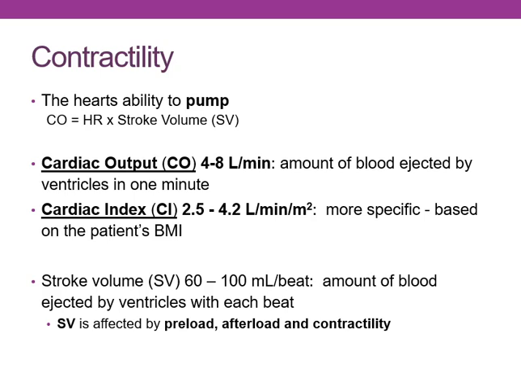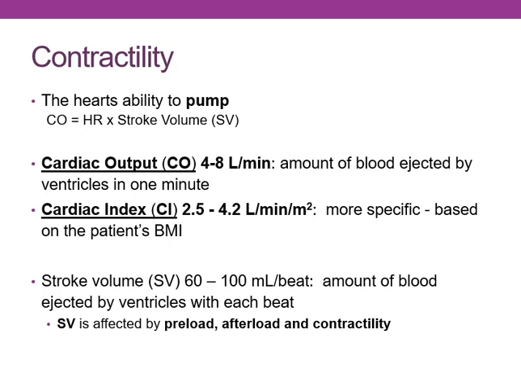So cardiac contractility is measured by CO, cardiac output, 4 to 8 liters per minute, and cardiac index, 2.5 to 4.2, which is more specific based on their BMI. Here's your little blurb about stroke volume. There are instances where we will measure just stroke volume, but we're really going to focus on CO and CI.